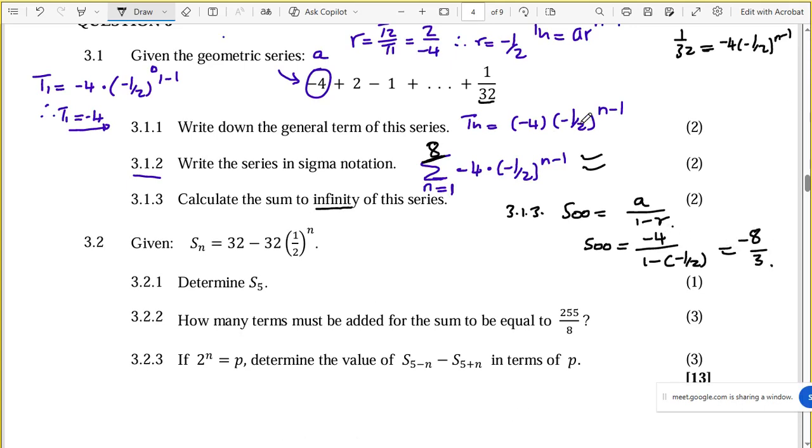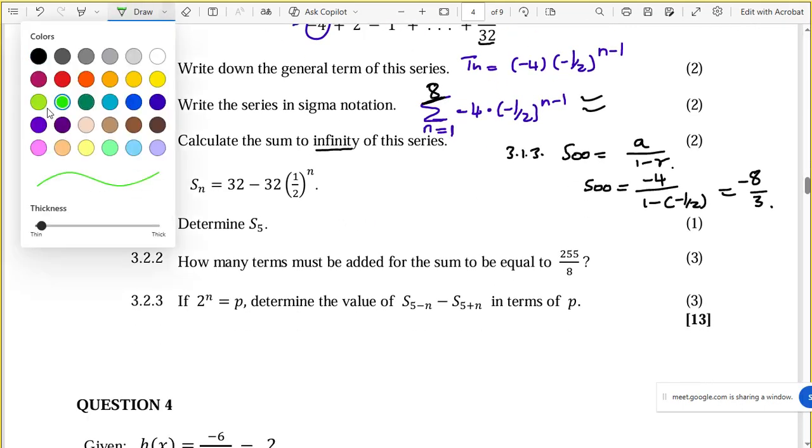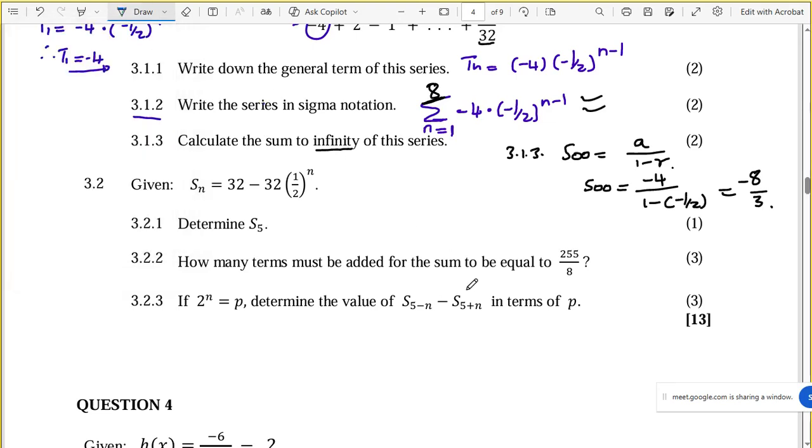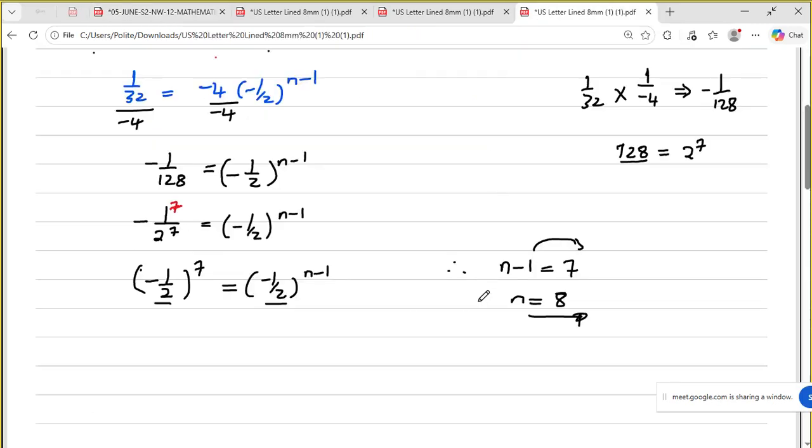Right. Now, when I look at this, I'm just going to jump into the next one. The next one is asking for, determine, okay, they say that you are given Sn is equal to 32 minus 32 into 1 over 2. Right? So let's go and rewrite this equation down.